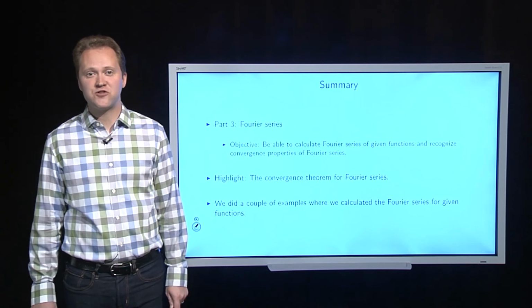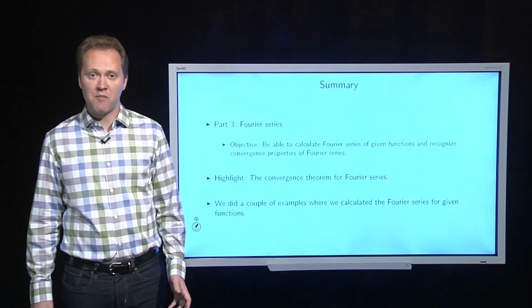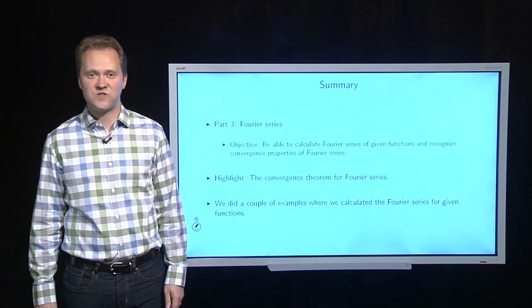They're good approximations. And then we did a couple of calculations where we calculated Fourier series. Now, in part 4, we will look at some of the tools that are needed to understand the convergence theorem that we just stated. And that is coming up in the next video.